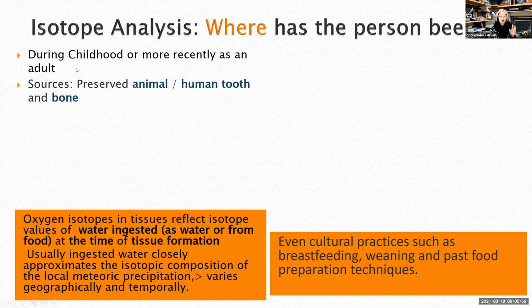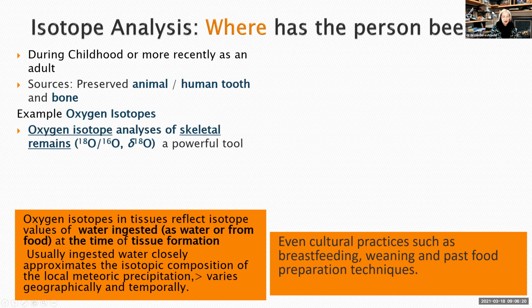So most important with these during childhood, sometimes still during adulthood though, there are some things that will change or can modify as an adult. So in this case, for the oxygen isotopes, animal and human teeth and bone.